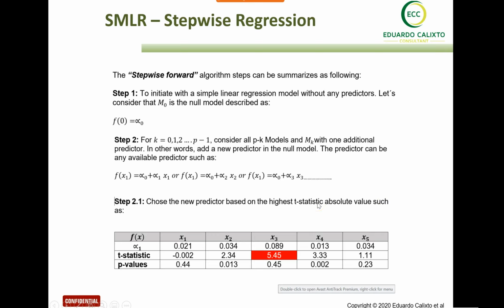I will go further and further until my p-value reaches the limits, and I will be satisfied with the limit on the error that I want to have in my prediction.